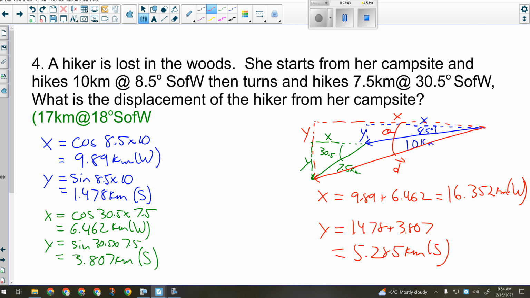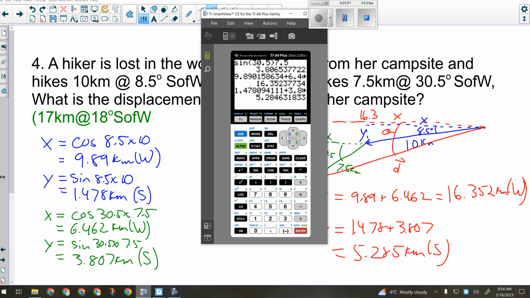So now I know that this side here is 16.3, and I know that this side here is 5.28. Right, now what can I do? Now I do Pythagorean theorem. Okay, so it's always the same set of steps, right? So I got square root of that one squared plus that one squared.